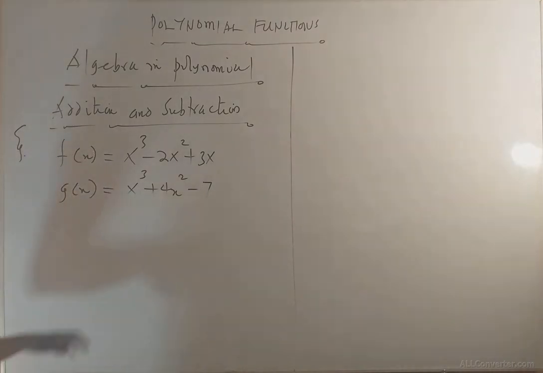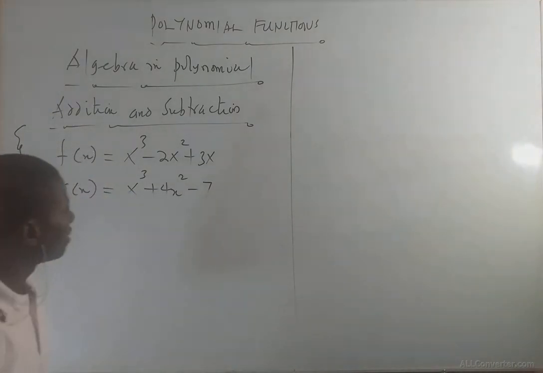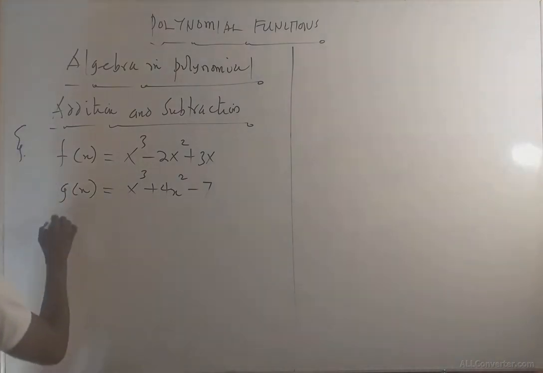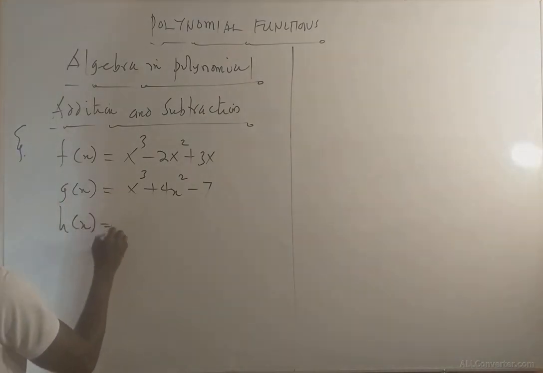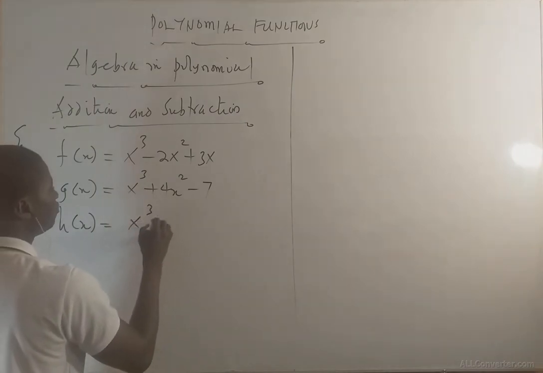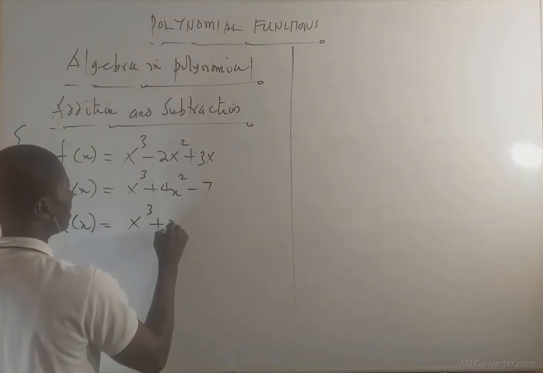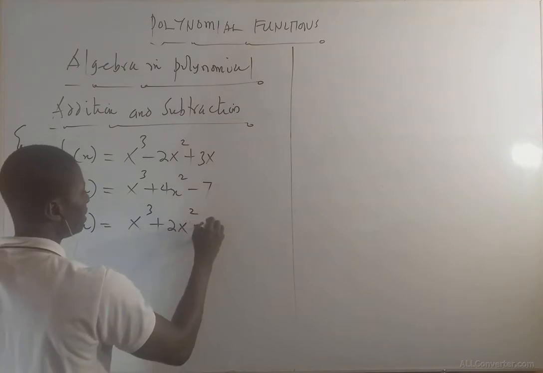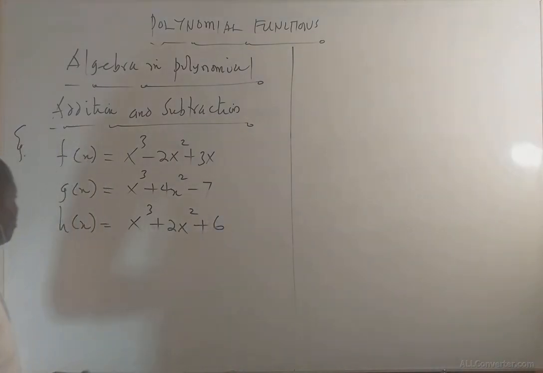Let's assume that these are the two polynomials that we have. Now let's add another polynomial. Let's say we have h of x equal to x cubed plus 2x squared plus 6. Let's assume that these are the three polynomial functions that we have.